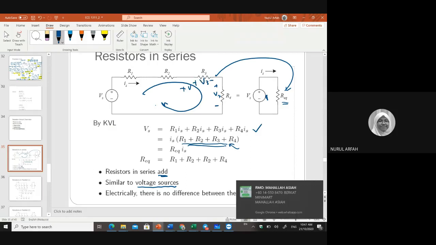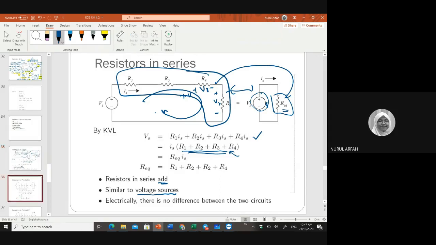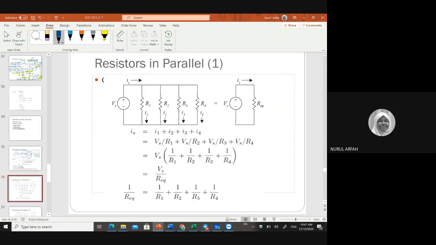Electrically there is no difference between the two circuits. This and this, they are the same, because we have one voltage source and one load. So all of this here is one single load. Okay, what about resistors in parallel?